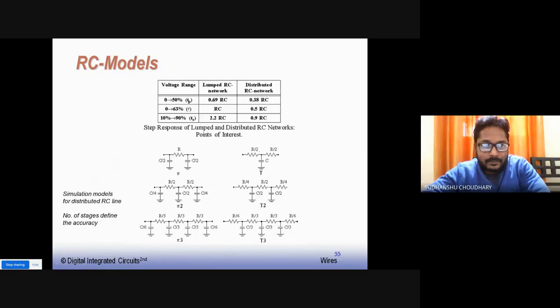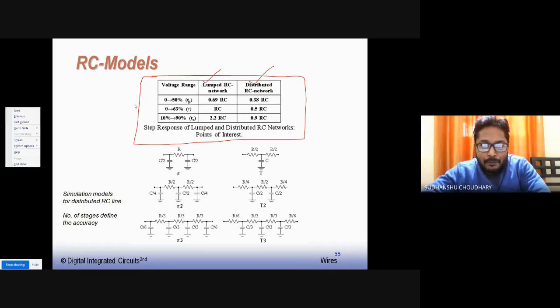Now, based on our discussion, let us again redefine what we have studied. So we had seen lumped RC network and distributed RC network. Now for a lumped RC network, 50% delay can be calculated by using 0.69 RC formula.